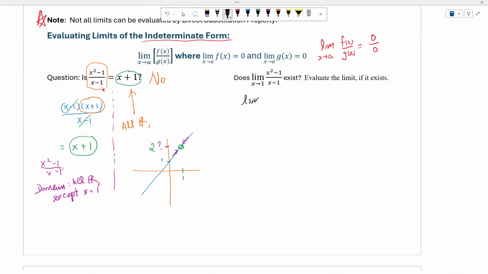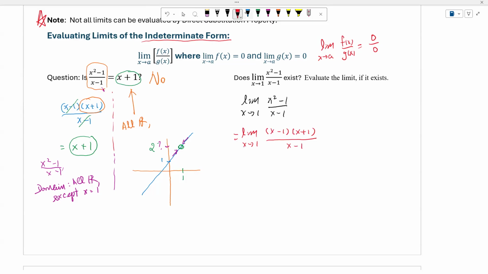We start with the limit as x approaches 1 of (x squared minus 1) over (x minus 1). Now, what I would like to do is factor the numerator.